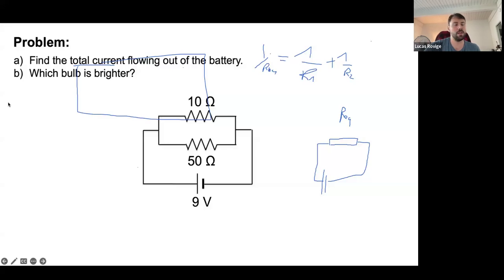It's pretty intuitive to understand why, because for the current coming here, if it had only this resistance, it could only go through that. But now you can go through this path and this path at the same time.